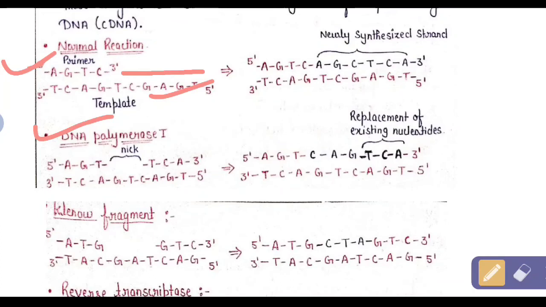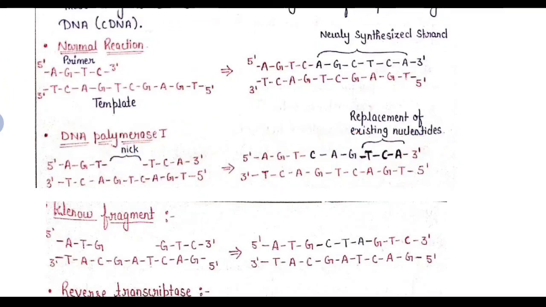Here are the nicks which are created because of the RNA primer removal or any kind of mutation. When this nick is created, DNA polymerase 1 fills these nicks, and while filling these nicks it also removes the existing strand and resynthesizes this strand. So these two functions are generally performed by DNA polymerase 1.